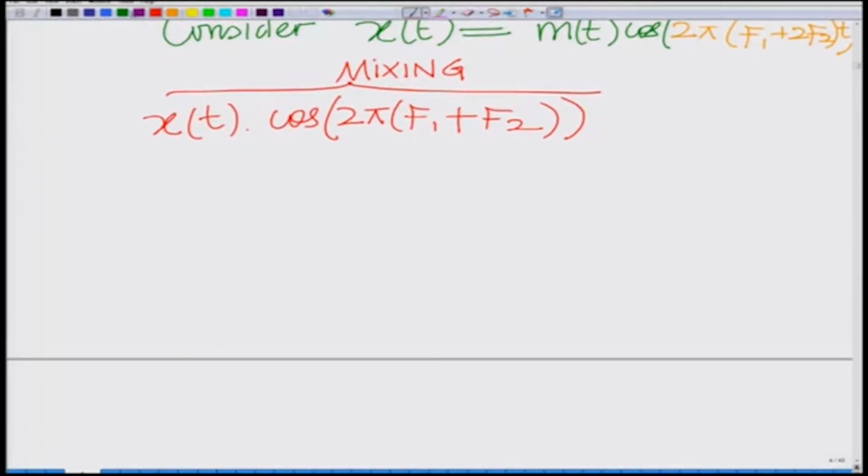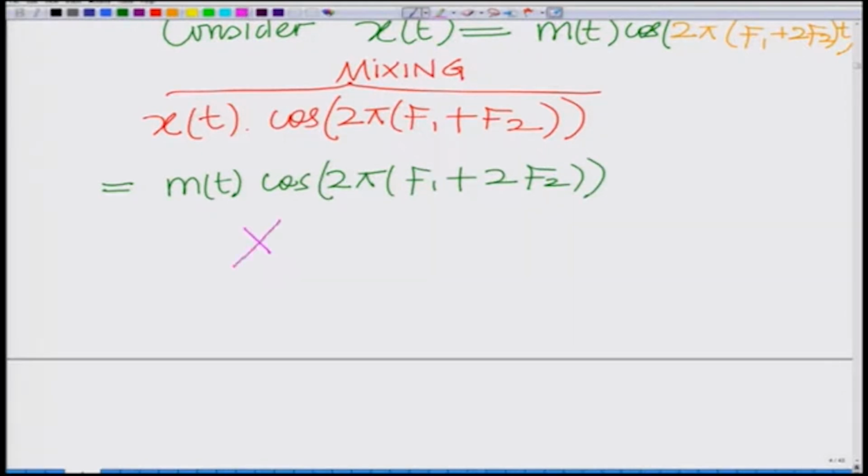And now, if you observe, what we get is m(t) cosine 2 pi (f1 plus 2 f2) t times cosine 2 pi (f1 plus f2) t.